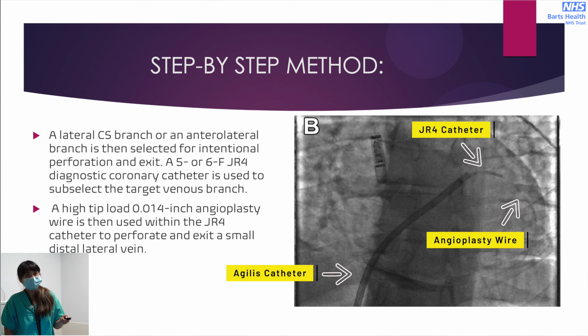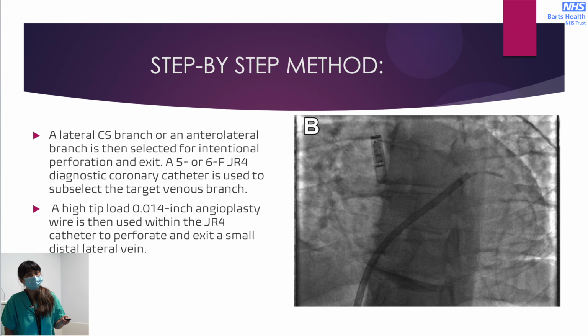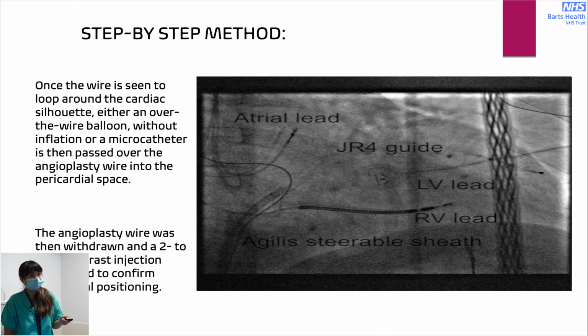They're using the anterolateral CS branch in this case. They have already punctured into the cardiac vein, so their wire is already around the loop. I'll show you an acquisition. This is a magnified view.